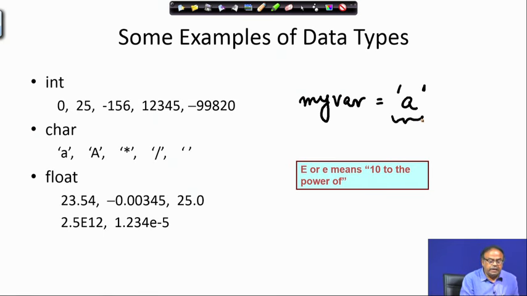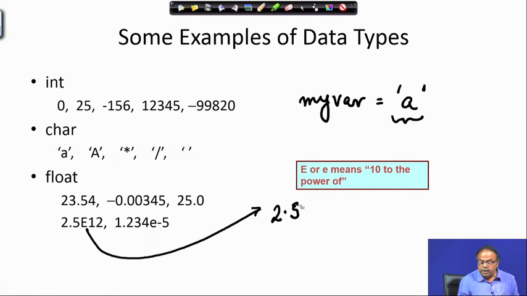Now, the third variety, these three are very common, is float, for example 23.54, or minus 0.00345, 25.0, or I can also write it in this way, 2.5 E12. What does this mean? It is 2.5 times 10 to the power 12.